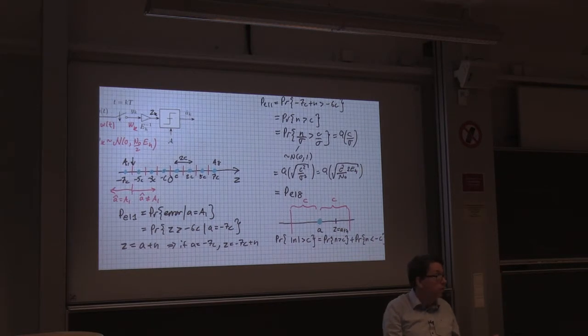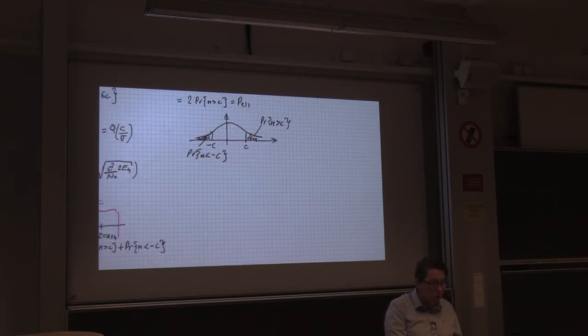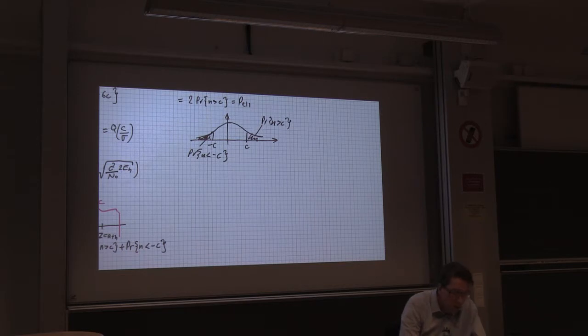And these points are transmitted with equal probability 1 over m, so the end result is that the probability of error is 1 over m times the sum over L equals 1 to m of the probability of error, conditioned on that we transmit the L-th symbol.